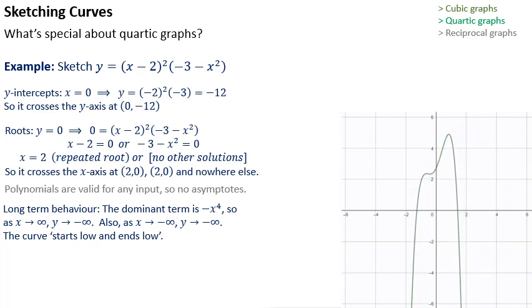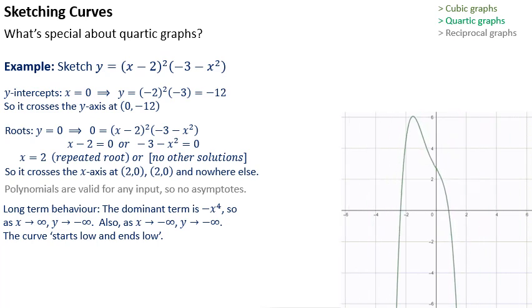We can think of this more succinctly as the curve starts low and ends low. So it comes up from below the x-axis and it goes down below the x-axis afterwards. Whether it crosses completely or just touches or doesn't touch the x-axis at all, that's something we need to figure out by looking at the rest of the information we've generated.